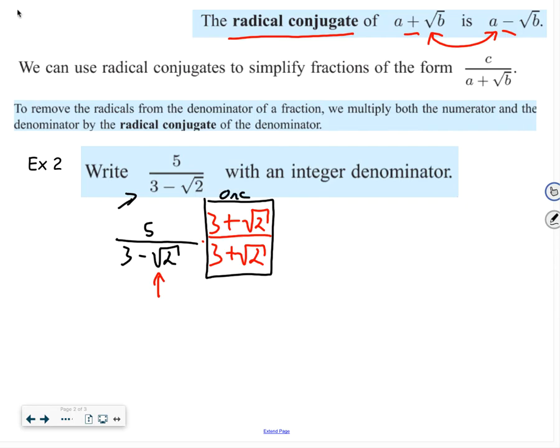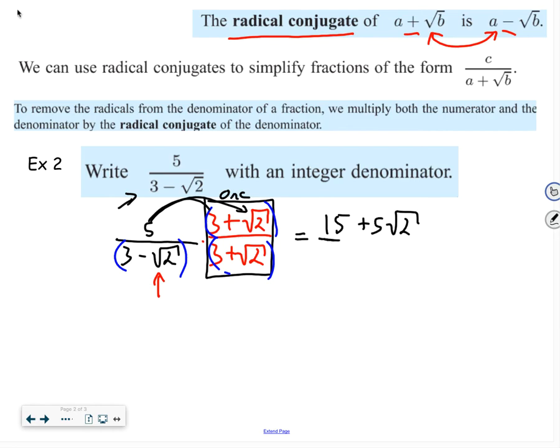Now as I multiply this out, I'm going to be careful here and make sure I have parentheses where I need them. My numerator, as I multiply this through: 5 times 3 is 15, and then 5 times the square root of 2 is going to be plus 5 square root of 2.